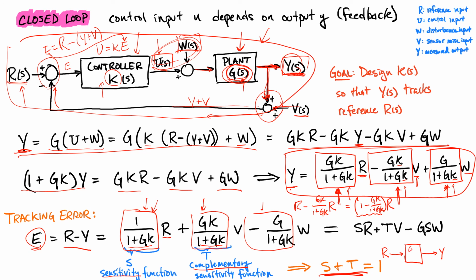What's inside this block is GK over 1 plus GK. So we have collapsed this entire feedback diagram into a single block.